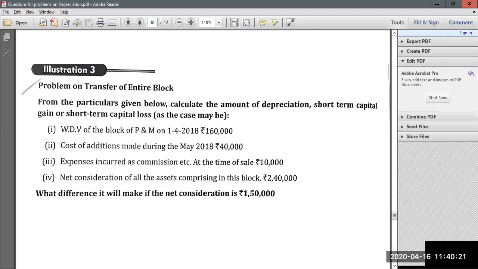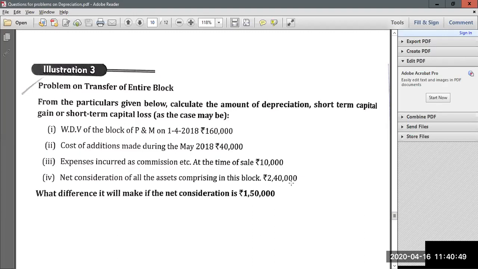In this 2,40,000 itself, this 10,000 will be included, because net sale consideration means sale consideration minus selling expenses or any other selling expenses. That means whatever selling commission we had here will already be adjusted in this net sale consideration.